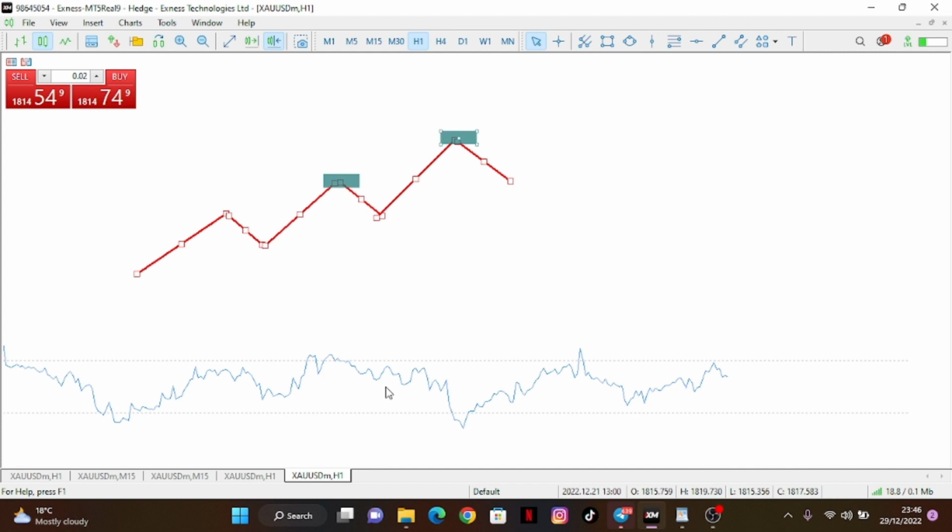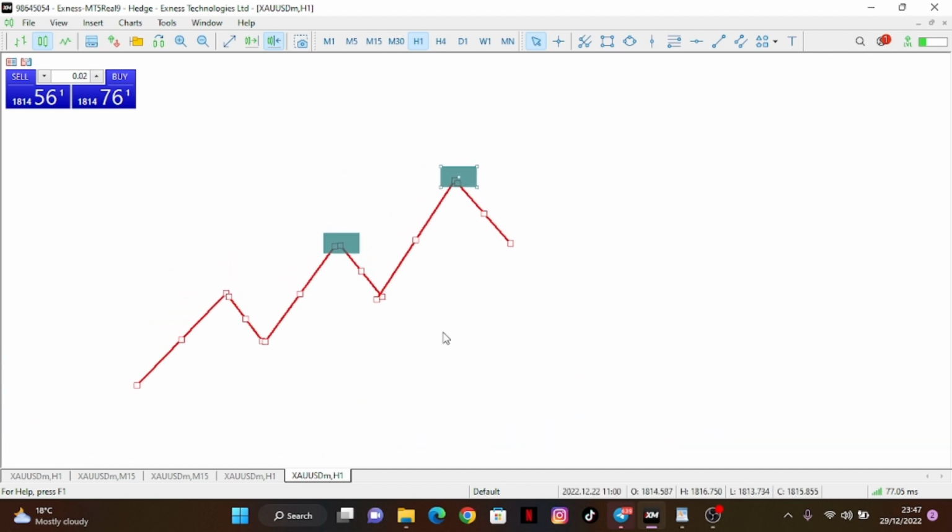So when the market is making higher highs, I'm going to draw the RSI, because you cannot just spot divergence here. We're going to spot it on the chart later when we have a clear chart.